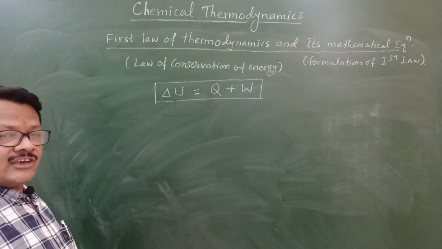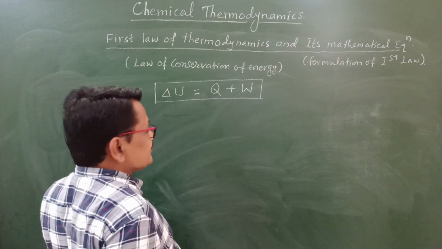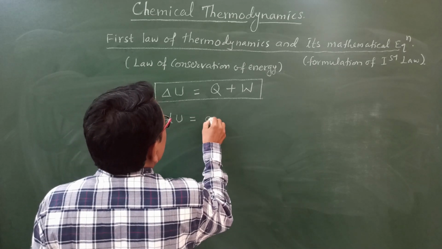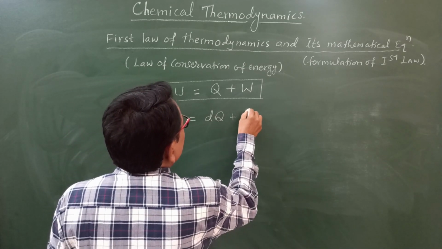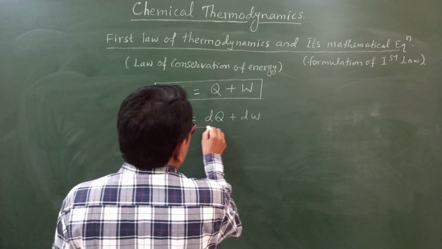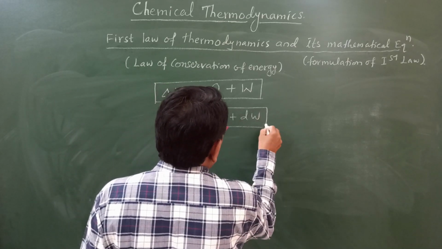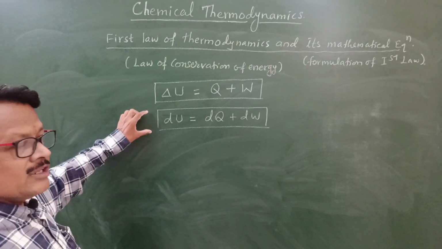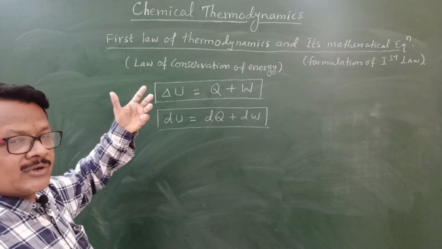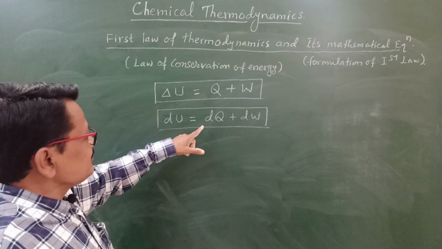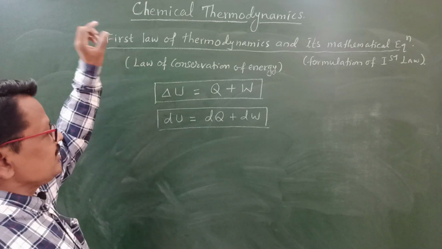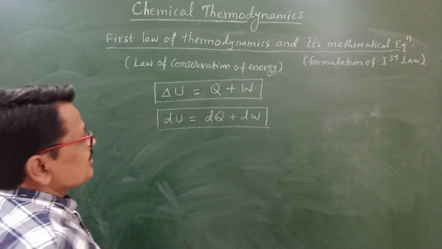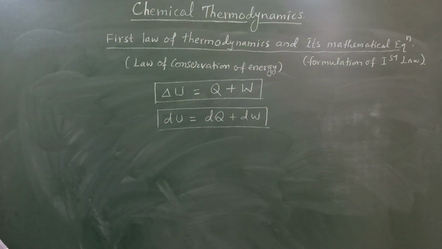And for infinitesimal change, a small change in internal energy of the system, it is denoted as dU is equal to dQ plus dW. This is the relation for infinitesimal change taking place in a particular system, and for change in internal energy of the system, delta U is equal to Q plus W. So this is the mathematical expression or formulation of first law of thermodynamics.